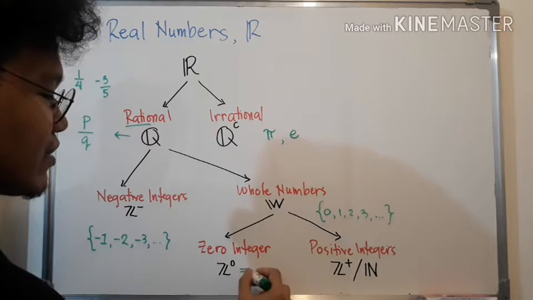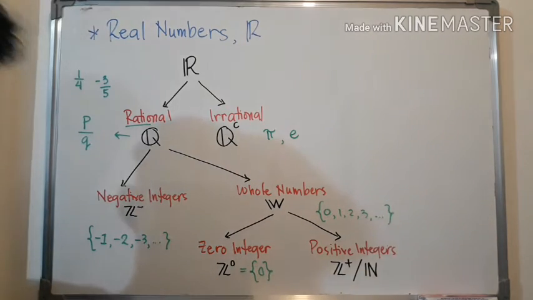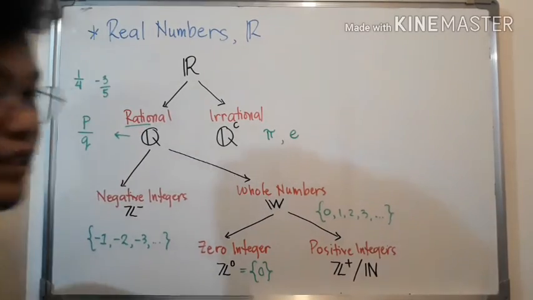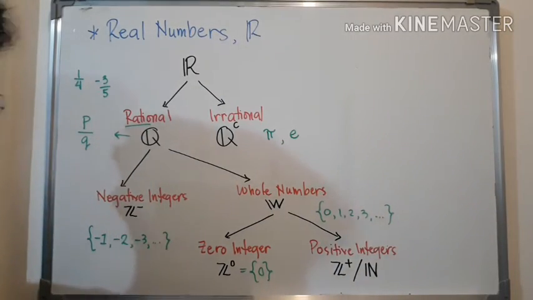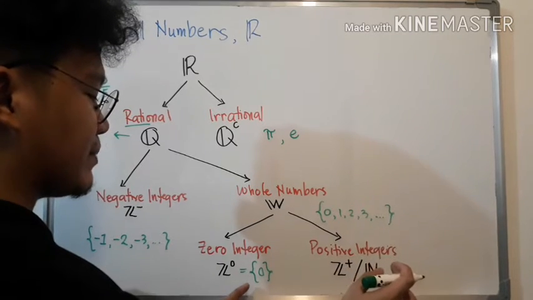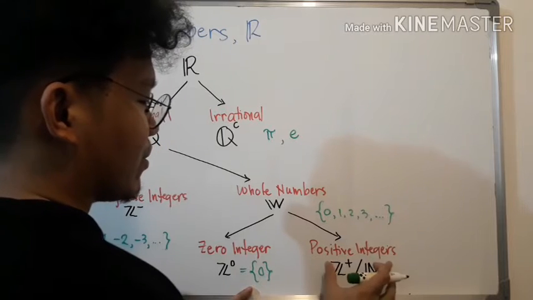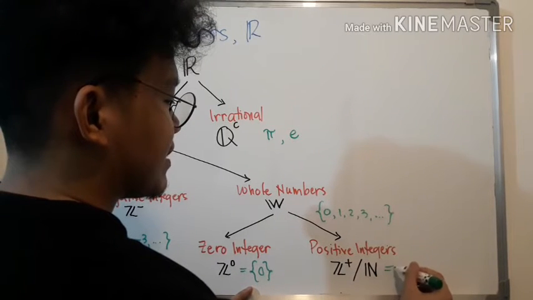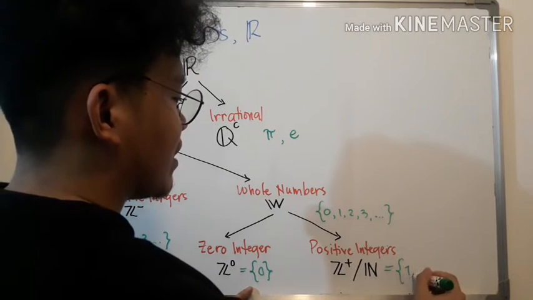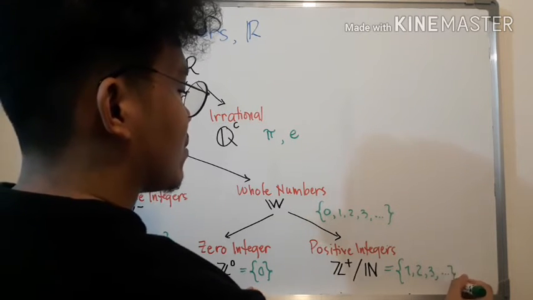So zero integer is the set containing a single element 0. There's only one element in the set of zero integer, while the positive integers are the remaining elements of whole numbers except zero integer. So we have the set containing 1, 2, 3, and so on.